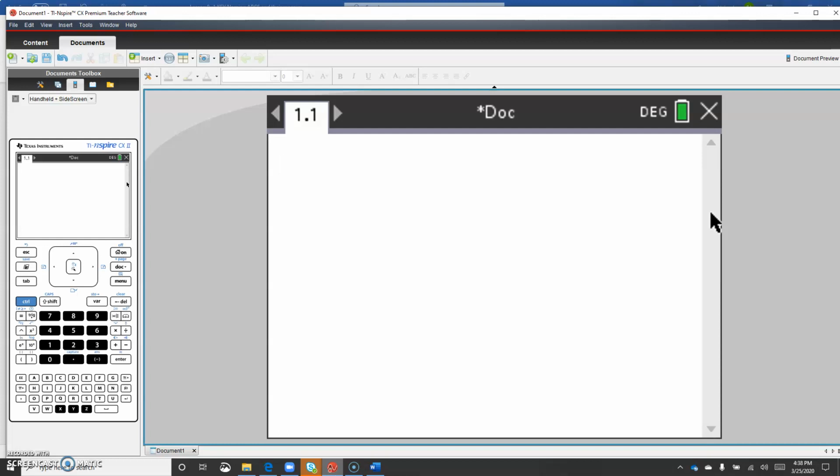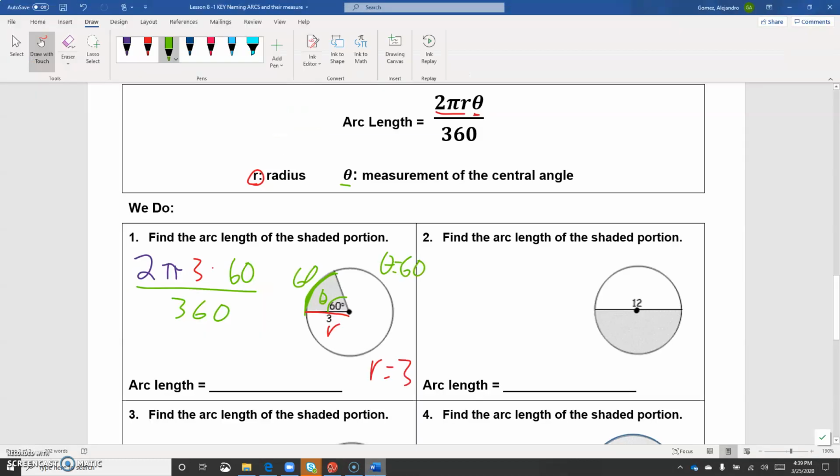Okay, so we're going to use our calculator. Now, we're leaving things in terms of pi. So look, you see this pi right here? I'm going to go ahead and ignore this pi. I'm going to do 2 times 3 times 60 divided by 360. Let's do that.